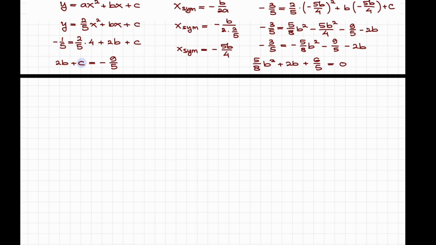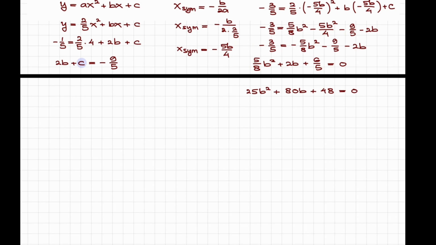By multiplying all the terms by 40, I think I will get 5/8 times 40, you will get 25b squared, plus 2 times 40, you will get 80b, 6/5 times 40, you will get 48, equals 0. This is the last thing that we should do.